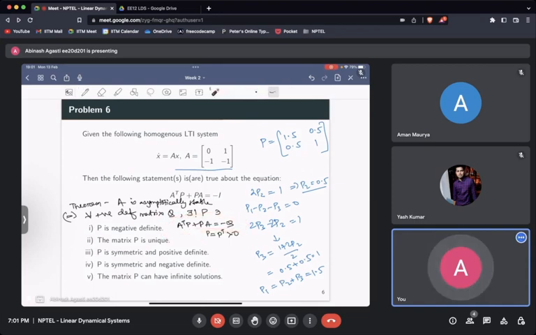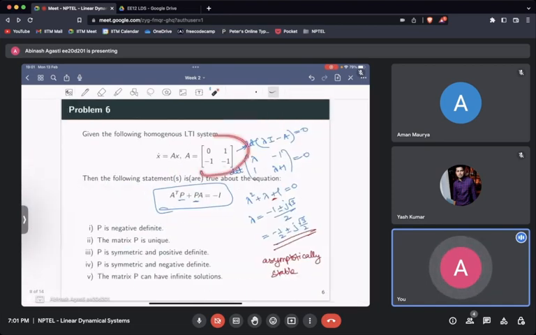Okay, so in this situation, we had a system x dot equal to Ax with some A. We had found out that this A has eigenvalues with only negative real parts. So that means it is an asymptotically stable system as per previous results.